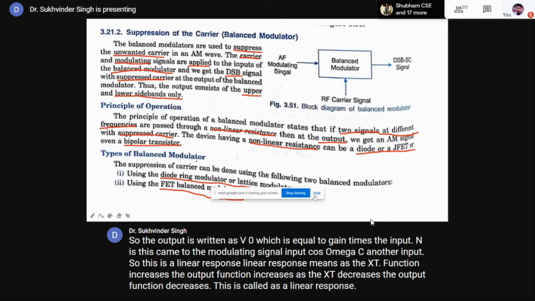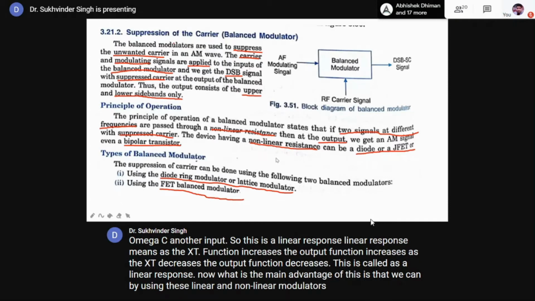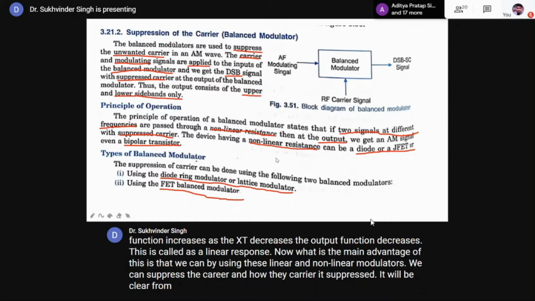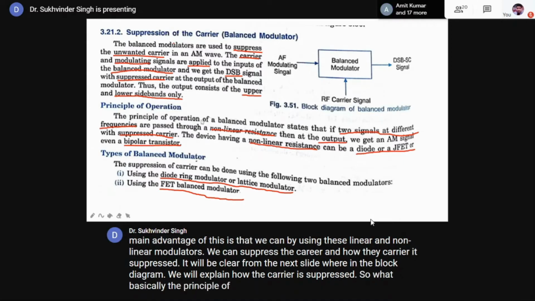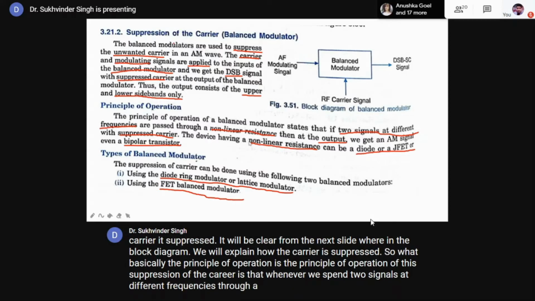Now, the main advantage is that by using these linear and non-linear modulators, we can suppress the carrier. How the carrier is suppressed will be clear from the next slide, where in the block diagram we will explain it. So, what is the principle of operation? The principle of operation of this suppression of the carrier is that whenever we feed two signals at different frequencies through a non-linear resistance, meaning through a non-linear electronic device.